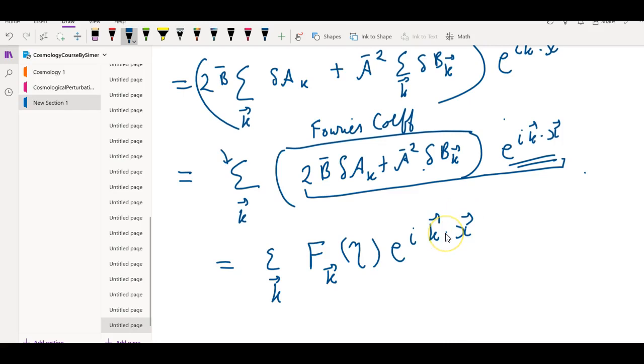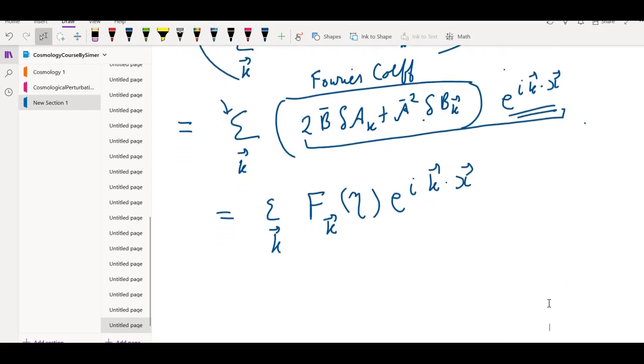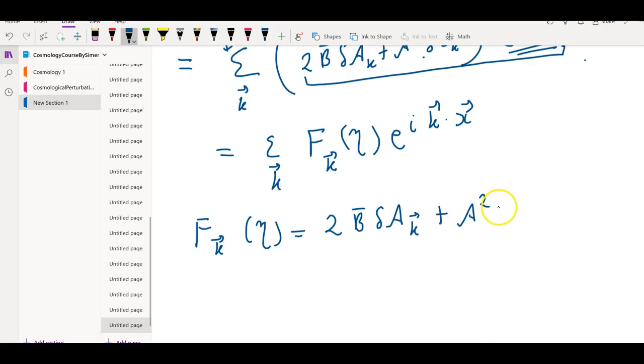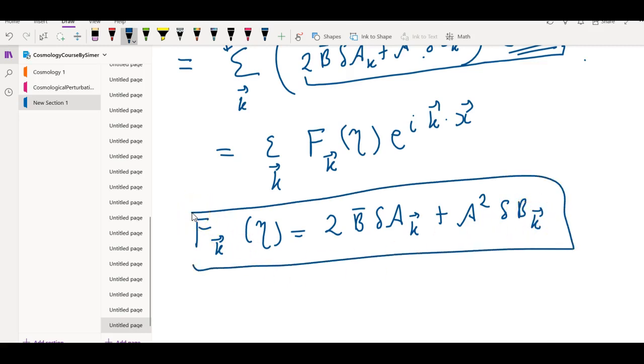So because of the linear nature of perturbations, I am able to express perturbations in terms of their Fourier coefficients, which is 2 b bar for this particular example plus a bar square delta b. That expression, which the original perturbation expression was delta f, you can say.